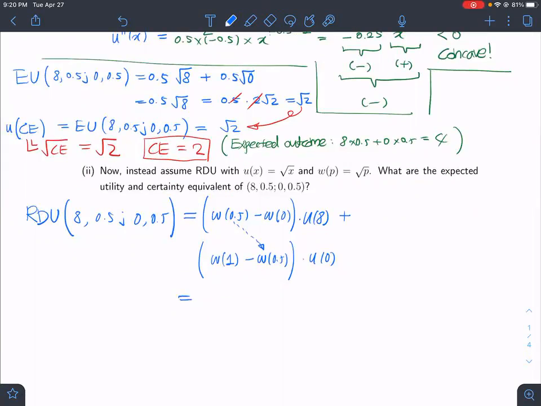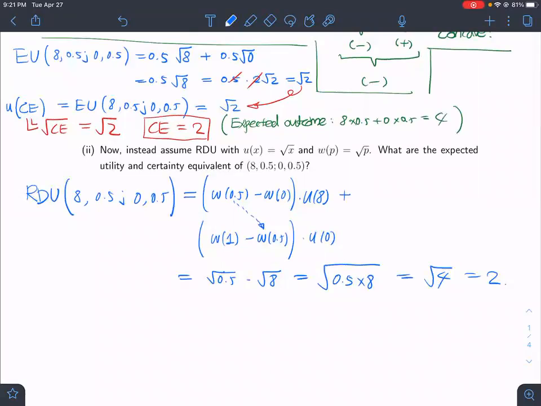This is square root of 0.5 times square root of 8, the end, because u of 0 is 0. If I do one more step, this is square root of 0.5 times 8, which is square root of 4, which is 2.